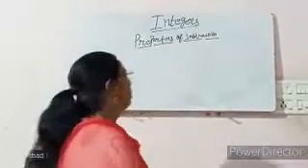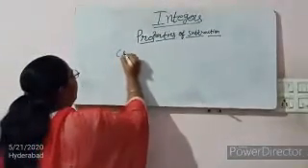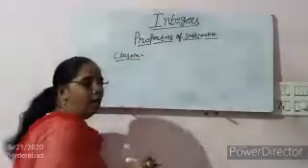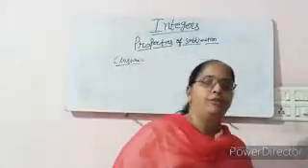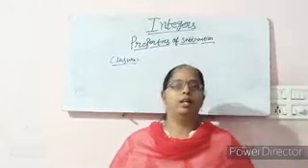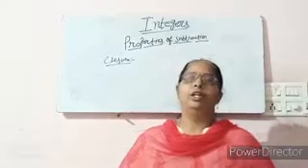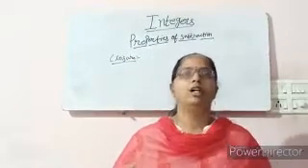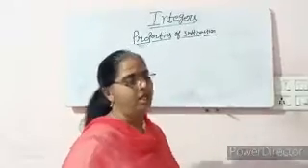What is the closure property? As we discussed in addition, if you add two integers, then the result should also be an integer. Now here in subtraction, if you subtract two integers, the difference of the integers should also be an integer. So let us check.